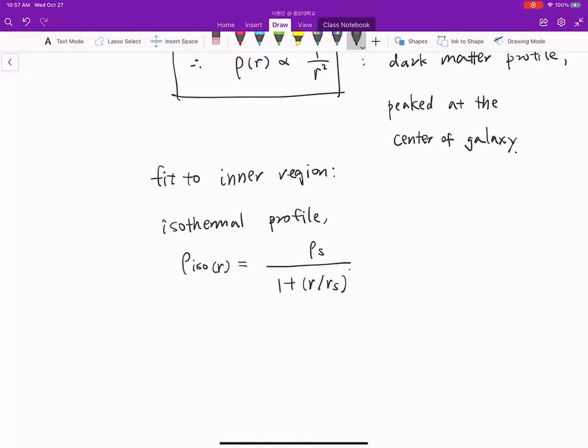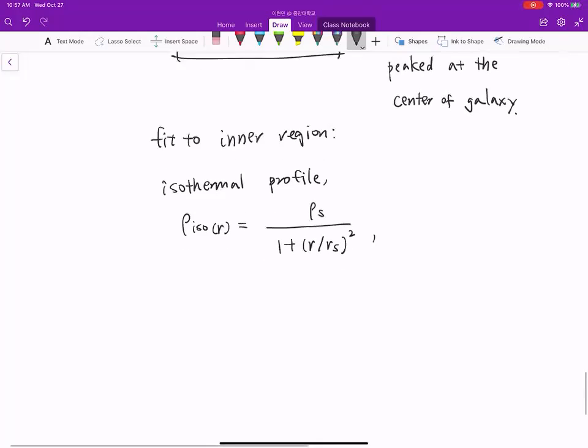You can try to fit the galaxy rotational curves by taking this kind of ansatz.